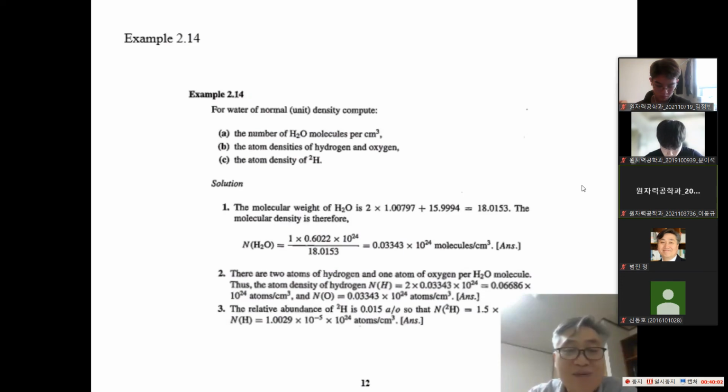As to this example, I will leave it to you as homework.